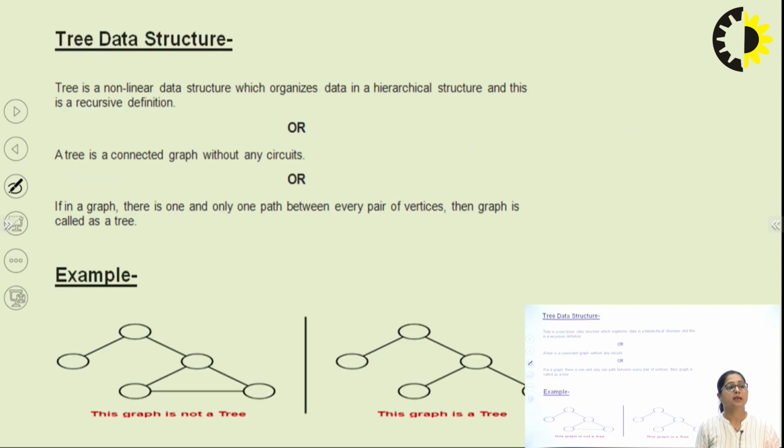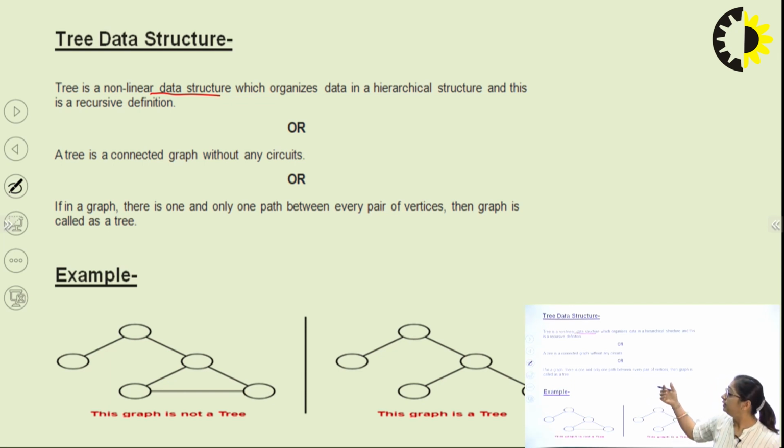So, tree data structure. What is a tree data structure and where do we use it? A tree is a non-linear data structure. When our data is non-linear, and you are not able to store the data in a linear form like an array, we have to go for trees or graphs.